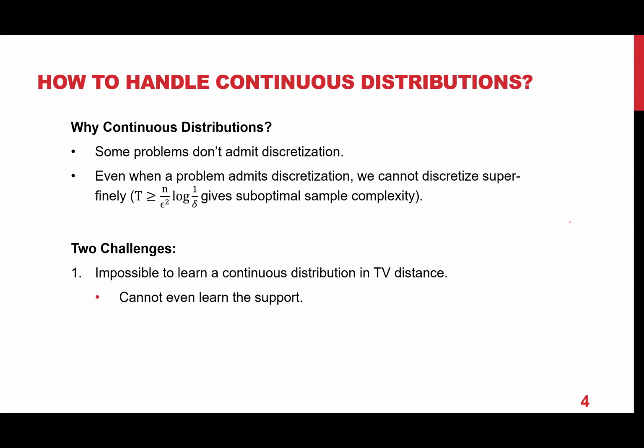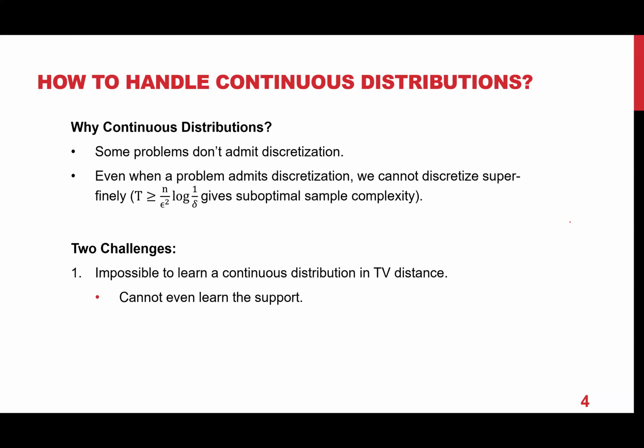So what are the main challenges for continuous distributions? To apply the approach from the last slide, the most important thing is that even if I give you a scalar distribution, not a high-dimensional distribution, between 0 and 1, and I give you a bunch of samples from a continuous distribution, you cannot hope to learn it in small TV distance.